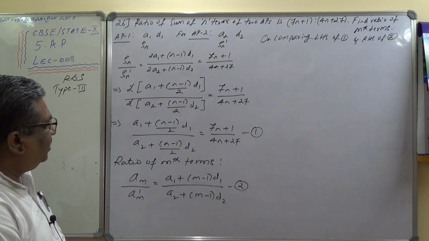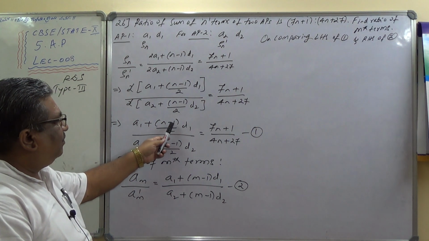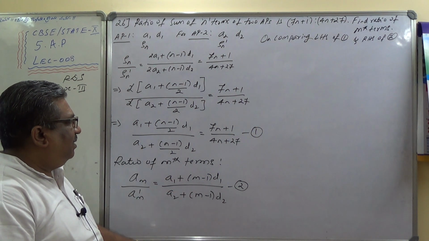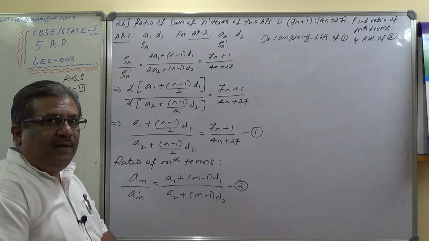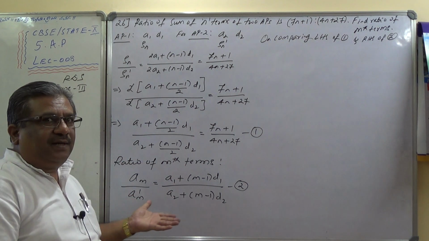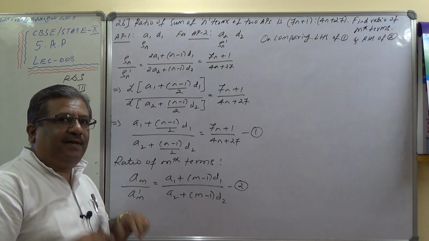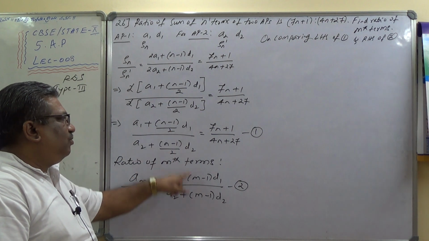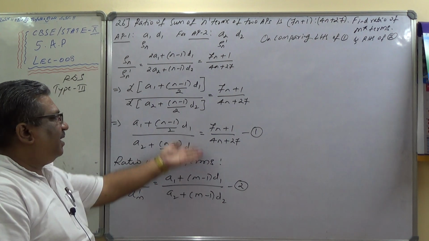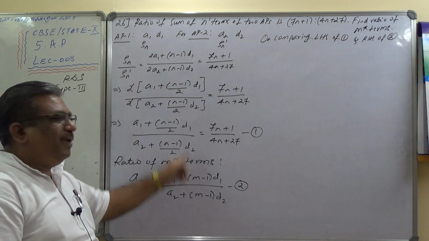So can I say that (n minus 1) by 2 is equal to m minus 1 in both the cases? Don't ask what comparison is. Comparison is comparing the coefficients of the terms. The d1 coefficient is this one, the d1 coefficient is this one. Therefore these two should be equal.